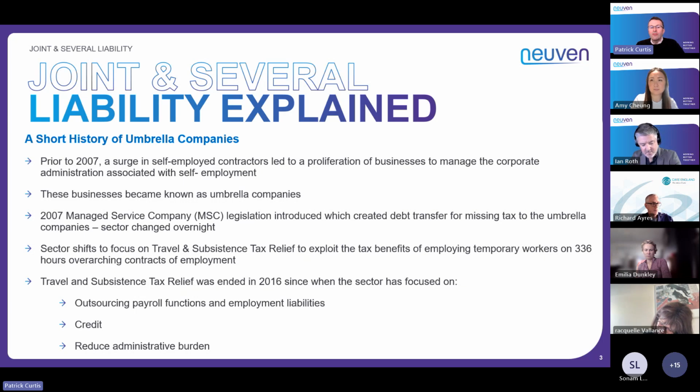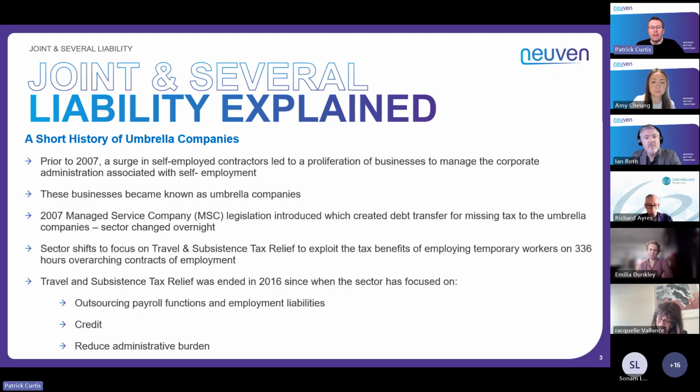What they did was introduce the Managed Services Company legislation, which transferred the debt for missing tax from the self-employed contractors' personal service companies onto the umbrella companies. That changed the sector overnight. Frankly, everybody thought umbrella companies would go the way of the dodo and the dinosaur and just disappear.